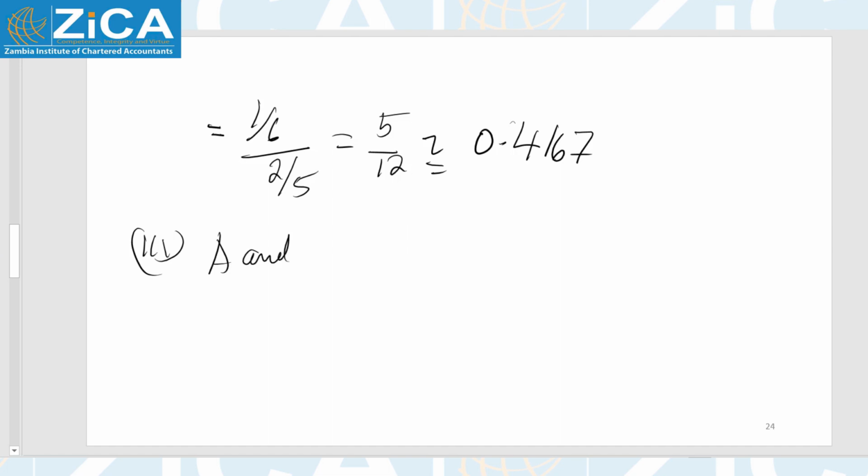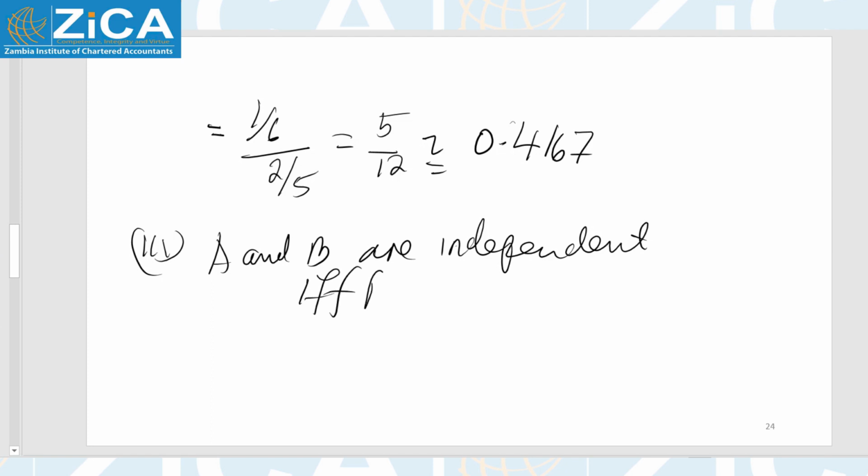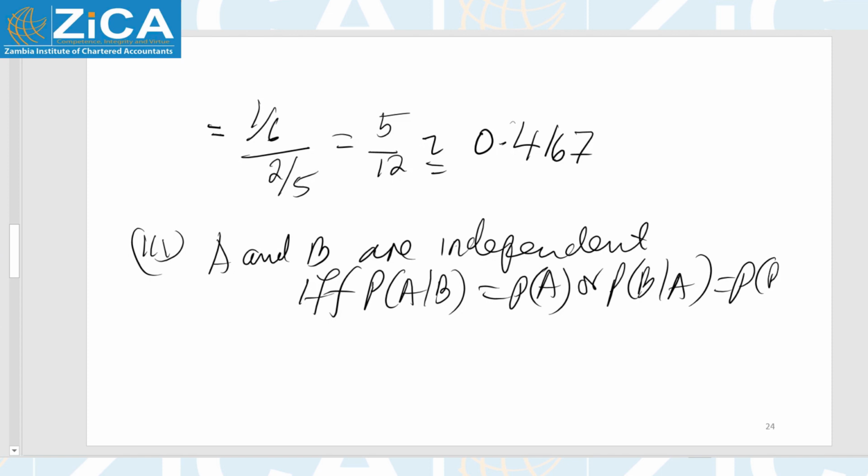A and B are independent if, and it's an if and only if condition, probability of A given B will just be equal to probability of A, or probability of B given A will just be probability of B. Given the fact that A has occurred, it has got no influence on B, or given B has occurred, it has got no influence on A. The other one which you can use, A and B are independent if and only if probability of A intersect B equals the product of the marginal or individual probabilities.